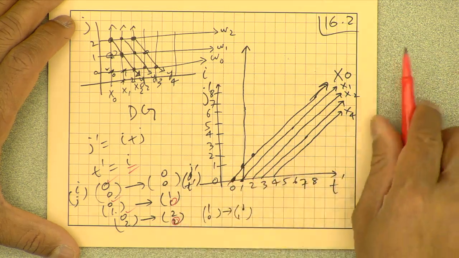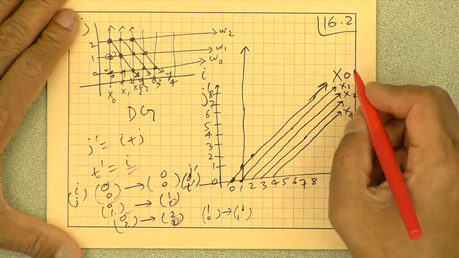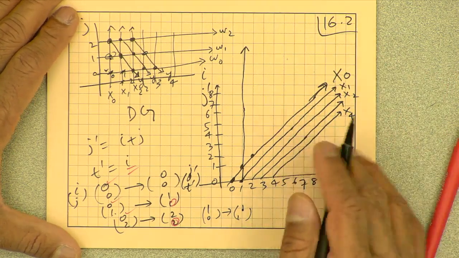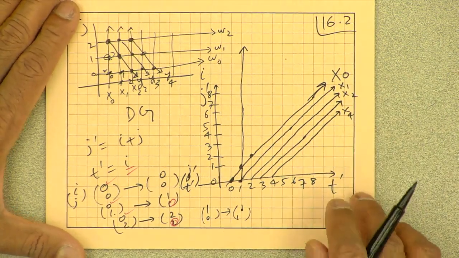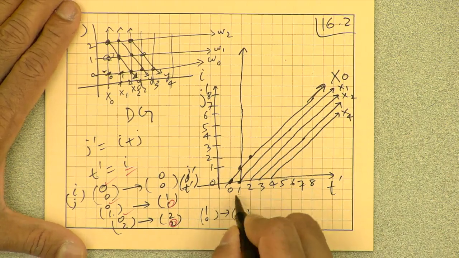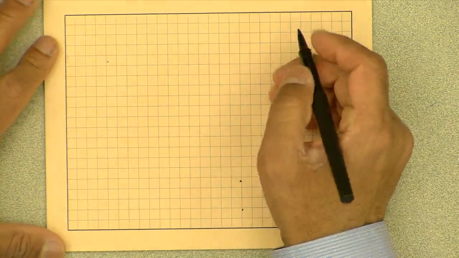Well, this is all wrong. You will catch mistakes. When you make mistakes, you will quickly realize, and then you step back and correct them. So let me draw that again.